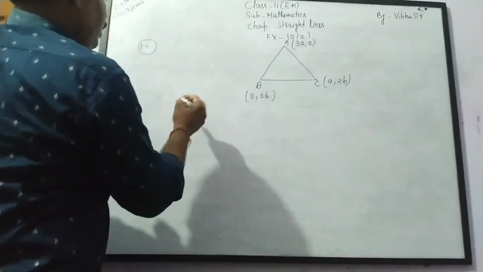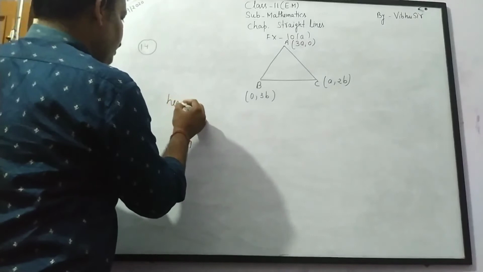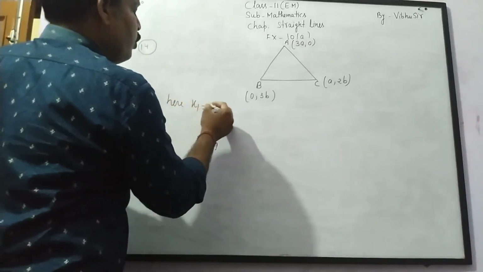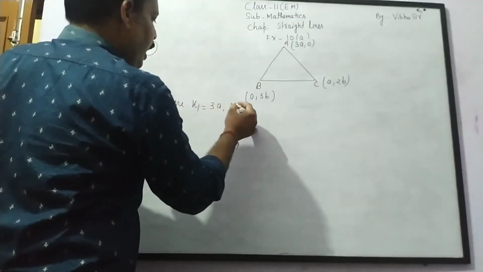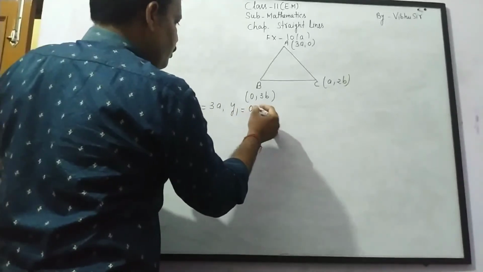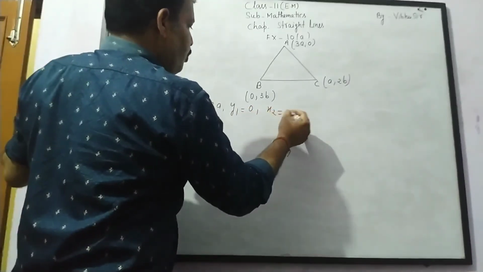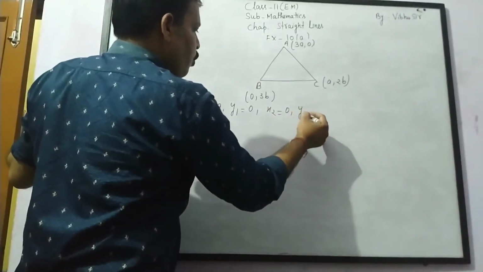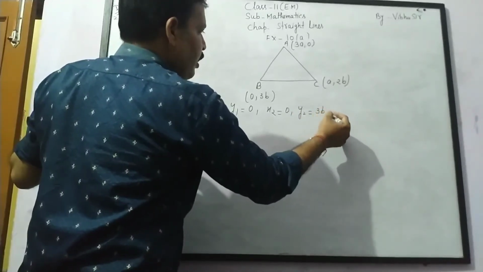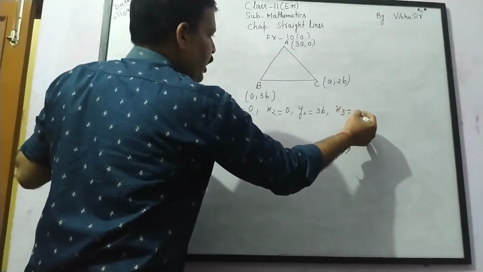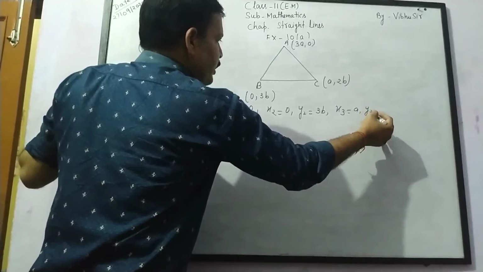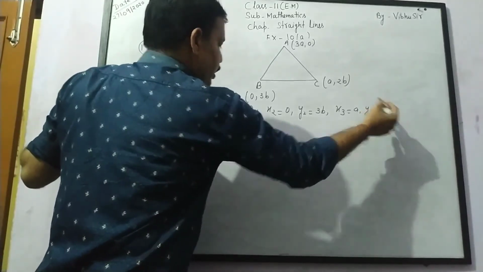So here given that x1 equals 3a and y1 equals 0, x2 equals 0, y2 equals 3b, and x3 equals a and y3 equals 2b.